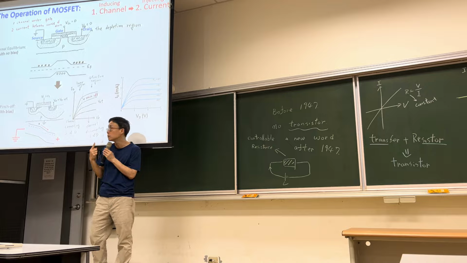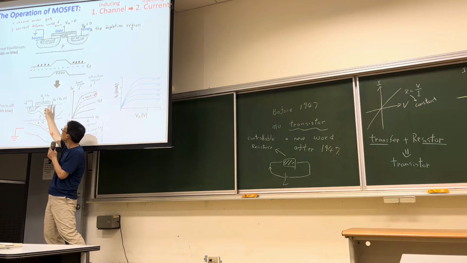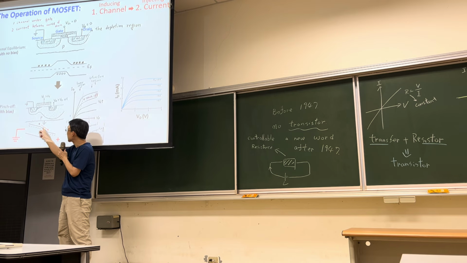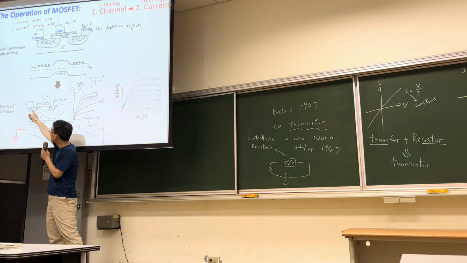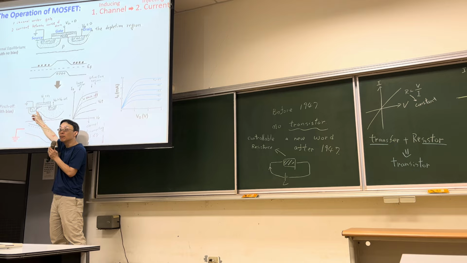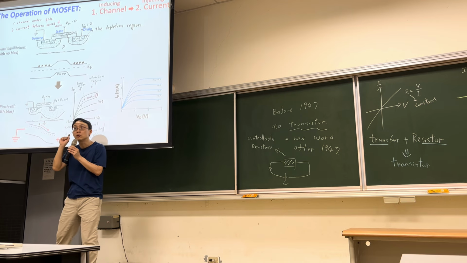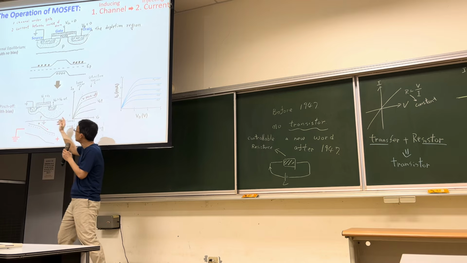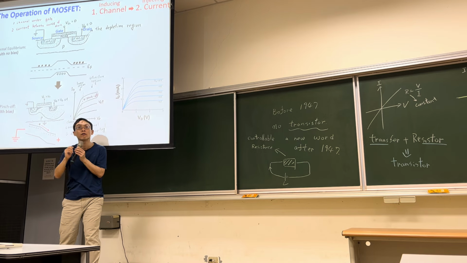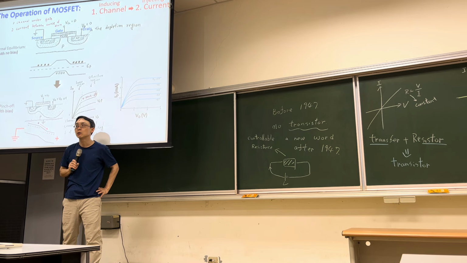In this state, your band diagram is going like this, and the channel distribution is like this. You can see the shaded area is the channel or the N plus region. Once your MOSFET is into the saturation point, your channel is cut off. What do you mean by cut off?